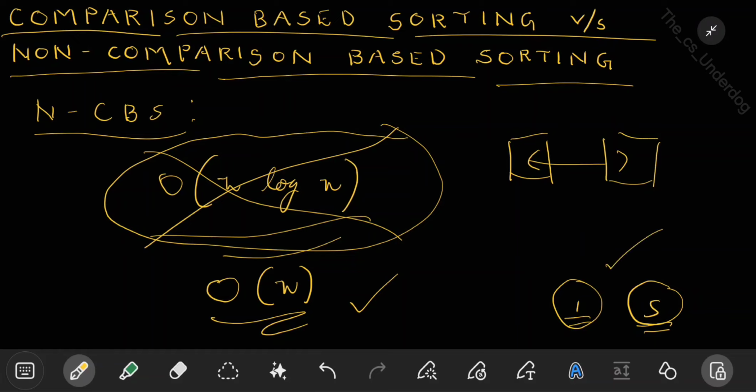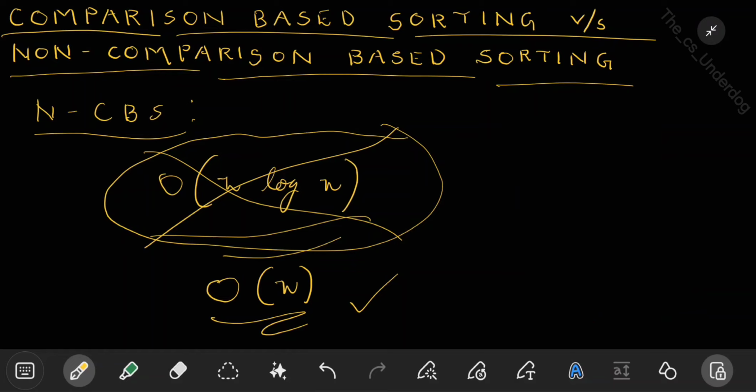Okay. So one more thing is, we said that it can beat comparison based sorting and it can achieve a time complexity of even order of n in specific cases. But one more point to keep in mind while talking about this time complexity is that the range of possible values can affect the time taken by non-comparison based sorting.